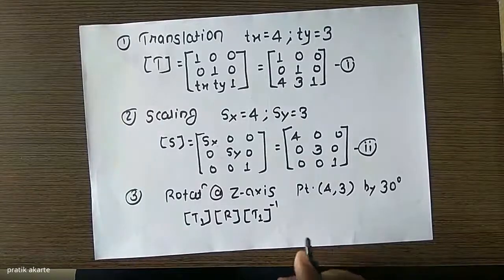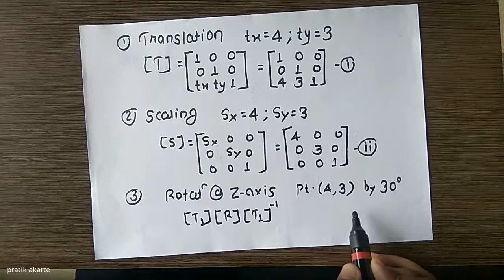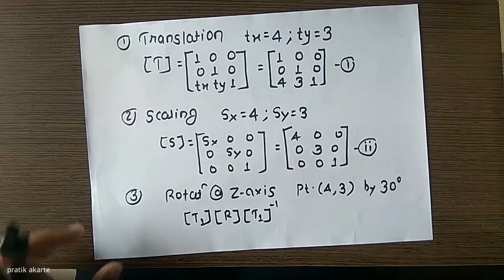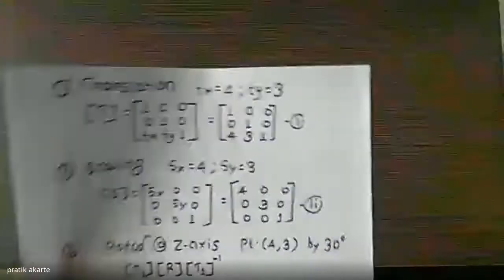I don't need to explain it once again because in the previous session we have covered it very finely and in detail. So we'll directly write the equations for these transformations.